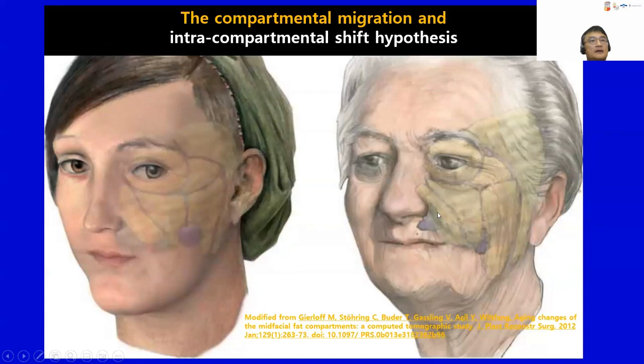And recently there are two very interesting hypotheses: one is compartmental migration, and the other is the intercompartmental shift hypothesis. The important thing is that the upper part volume decreases and the lower part volume increases.